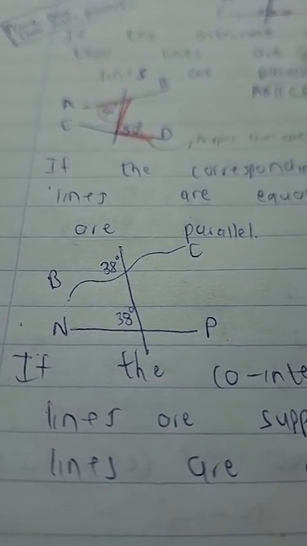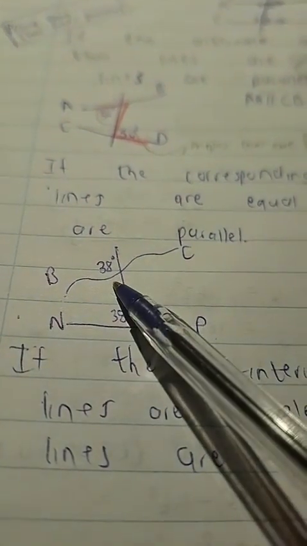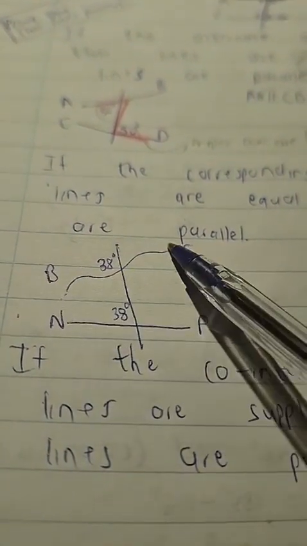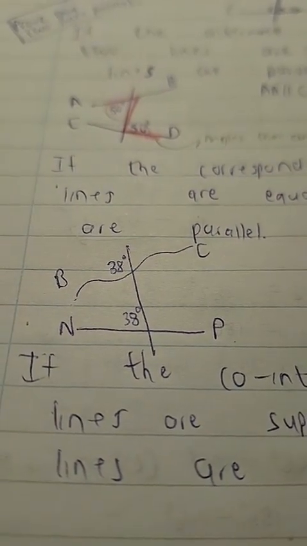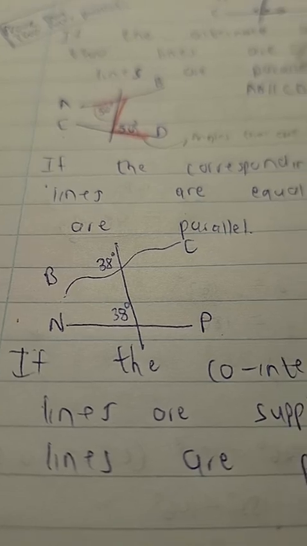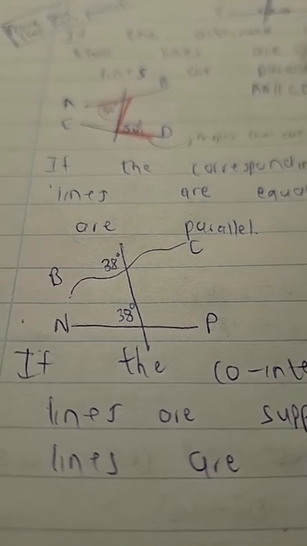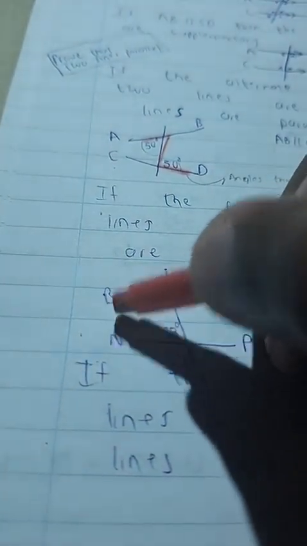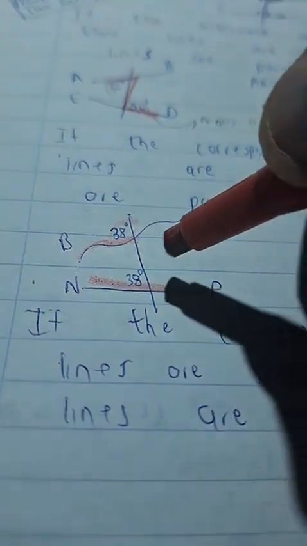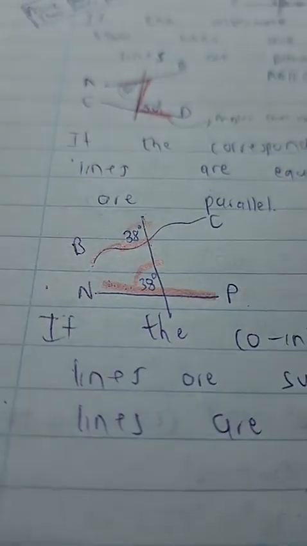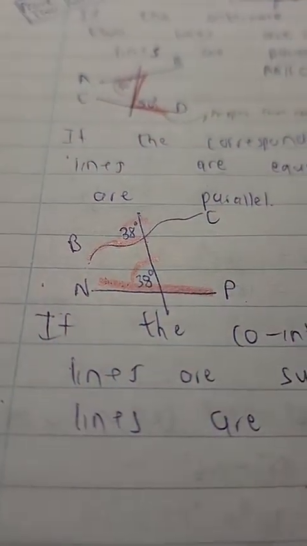All right, so in this situation now we can see that BC and NP, even though they are lines and they look not parallel, what can we see here? We can see that this one and this one on the same side of the transversal line, on top of this line and on top of this line, these two angles, they are actually what?